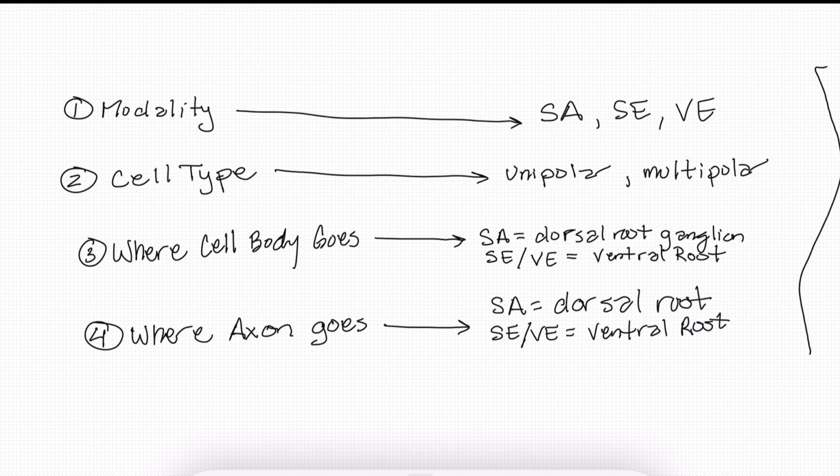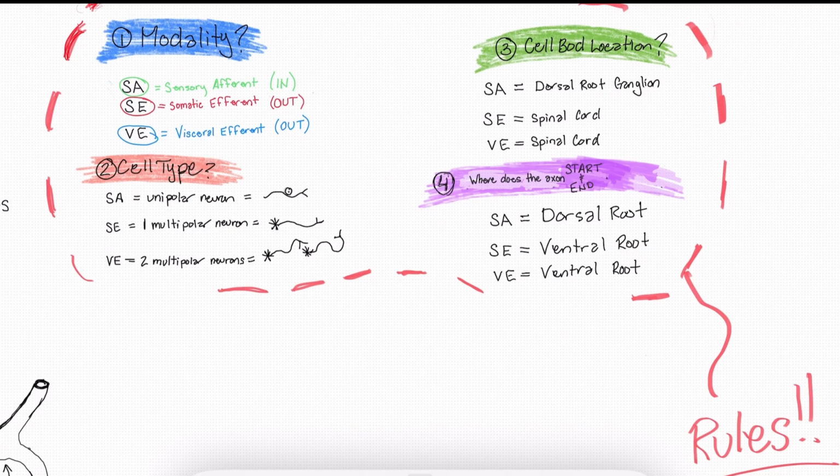SE or VE is ventral root. Where does the axon end? Which ramus? If deep back muscles or back skin, dorsal ramus. If limbs, front, sides, or organs, ventral ramus. So as we go through each type, SA, SE, and VE, we'll use these same 5 steps to trace the pathway.